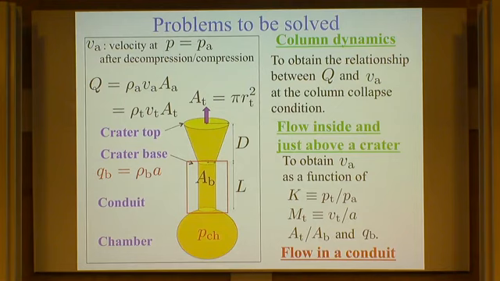And in order to get the mass flow rate from the crater base as a function of chamber pressure, we have to solve another problem, flow in a conduit here.